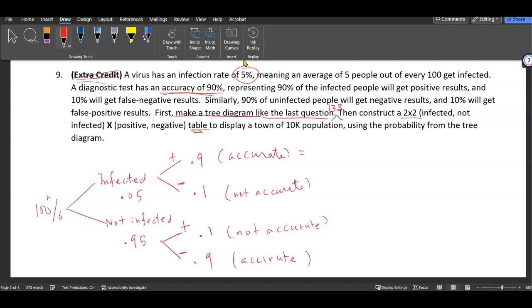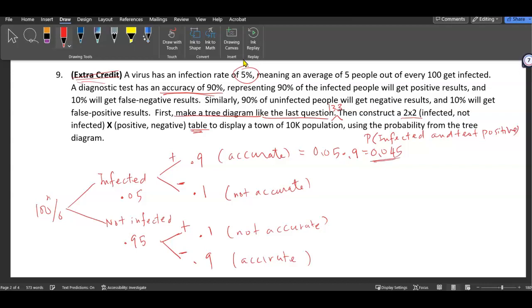Okay, so if you were to take the 0.05 times the 0.9, that gives you 0.045. And what does this represent? That's the probability of infected and test positive, right?